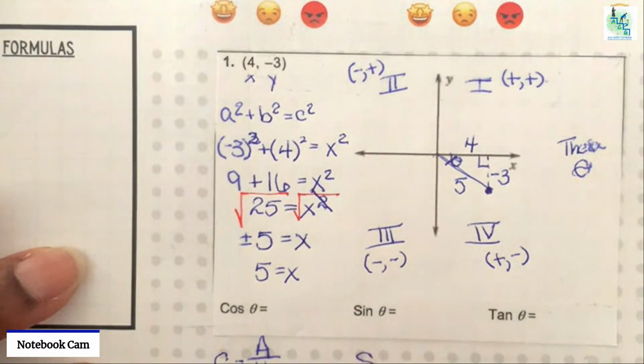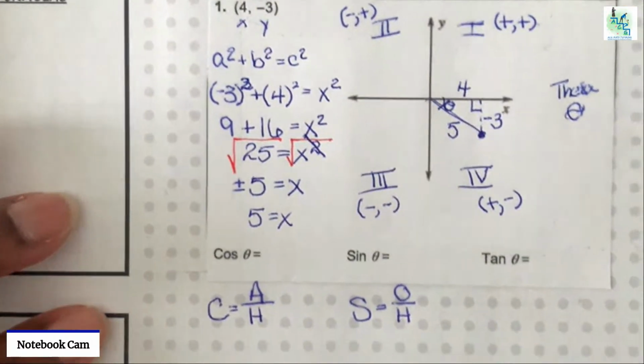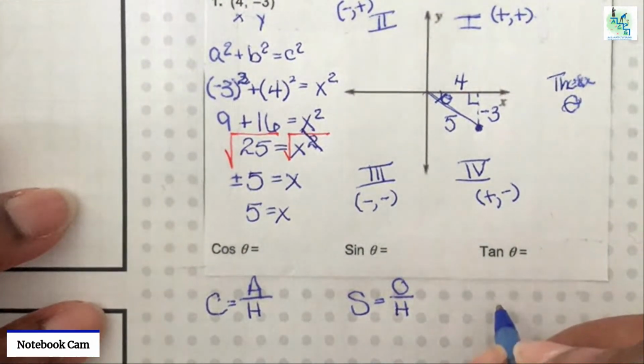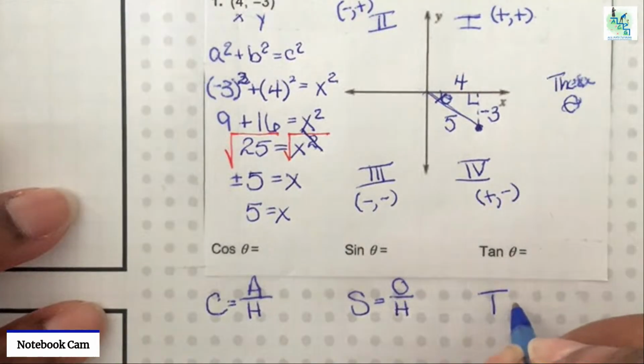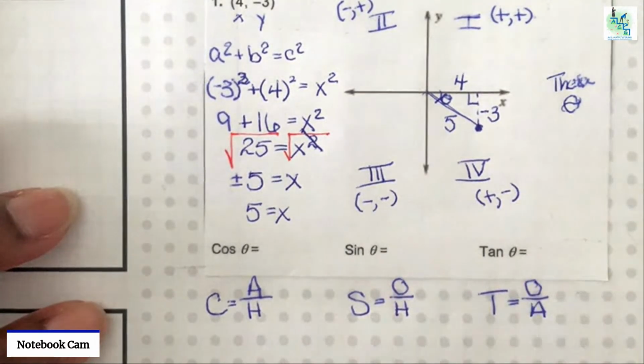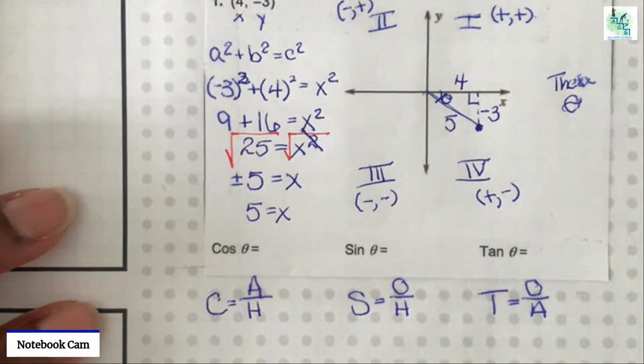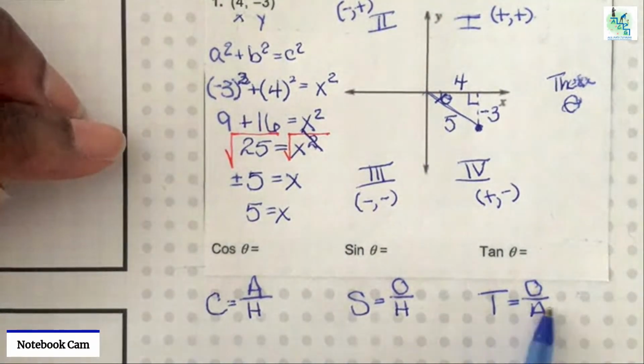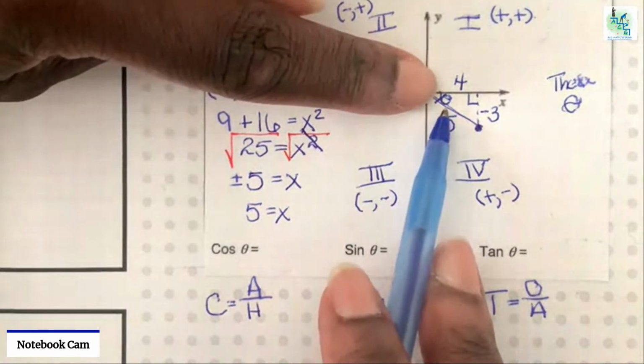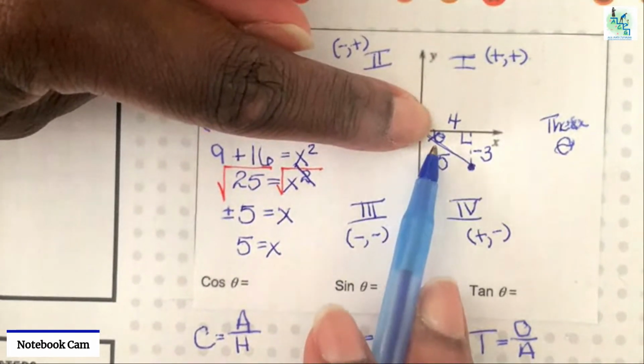Your sine of theta is your opposite over hypotenuse. And then your tangent of theta is your opposite over your adjacent. Okay? And it's all derived by the angle theta.